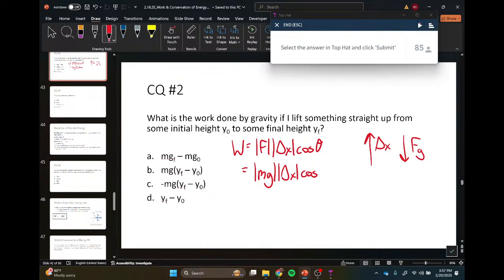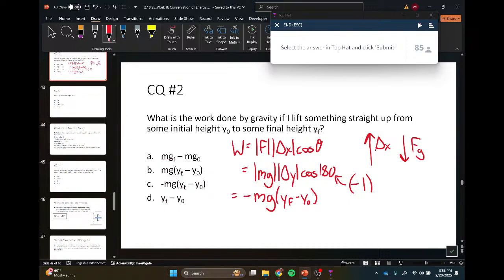If they're opposite directions, it's 180. If I toss something upwards, gravity's going to slow it down. Gravity's going to take away energy. So, absolute value mg, and I'll put delta y, y final minus y initial. That's just the definition of change. And there's a negative sign in front because of the negative 1.